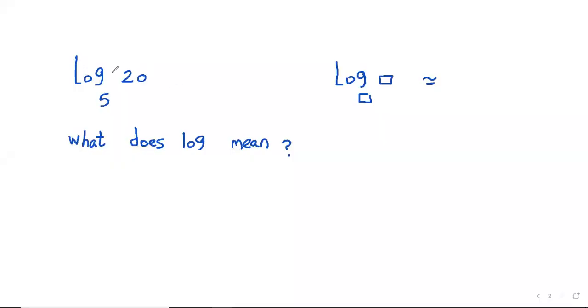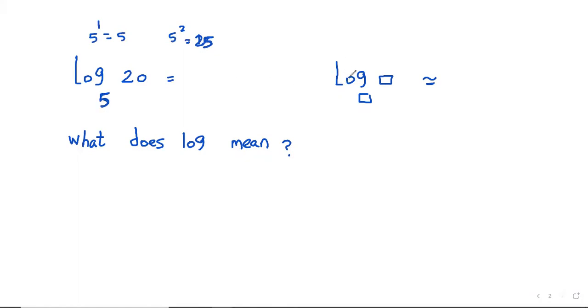If we have an example like log 20 to the base 5, I'm asking about the power. We can raise 5 to it to get 20. You know that 5 to the power of 1 is 5, and 5 to the power of 2 is 25. So the power is something between 1 and 2. We can use the calculator to find this value.